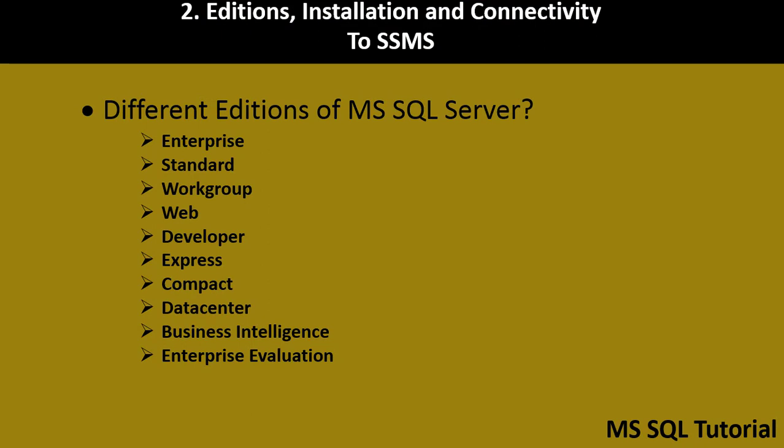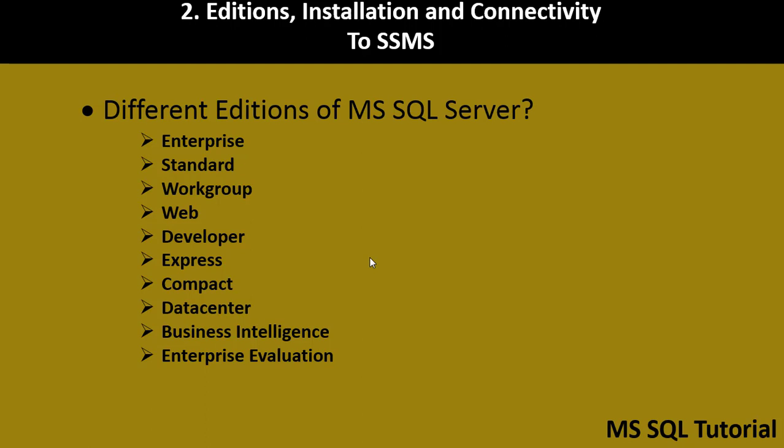First of all, we'll check out what the different versions and different editions of Microsoft SQL Server are. SQL Server is available in various editions. One is Enterprise Edition, another one is Standard Edition, Workgroup Edition, and Web Edition.